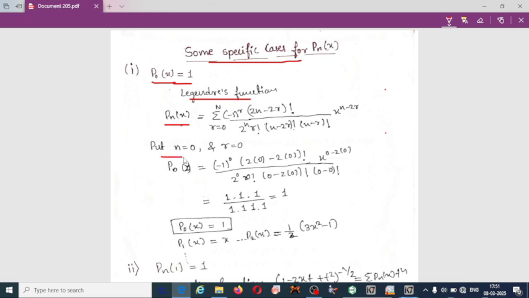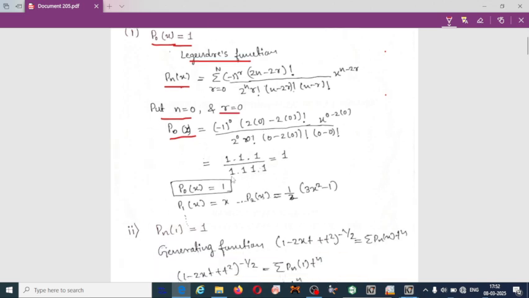We have to put n equal to 0 and r equal to 0 in the above equation. We will get Pn of x, that is P naught of x, after substitution. All values will become 1, so the answer will be 1. So P naught of x is equal to 1. This is how we can prove it.